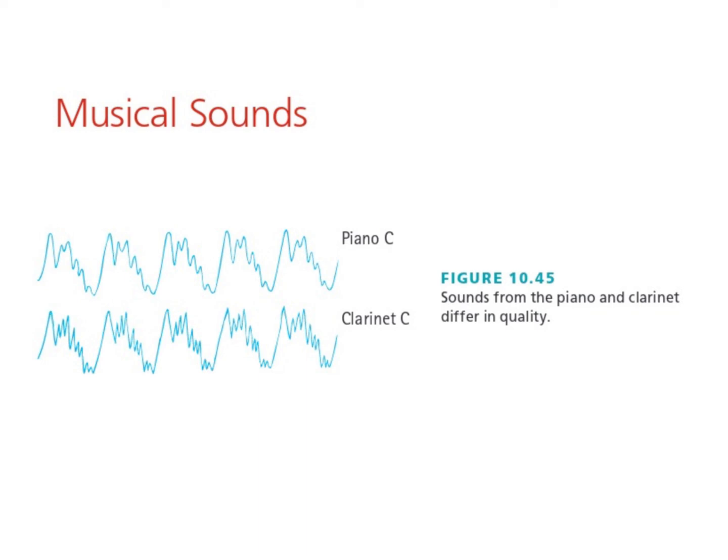For both instruments, you see the shape of the wave is more or less the same. But inside that sort of envelope of the wave, you can see that the wiggles are different. The wiggles inside the wave are different because different amounts of harmonics are being added together to create that different timbre or that different characteristic of sound. And that's the basic idea of how musical sounds are produced instead of, say, noisy sounds.